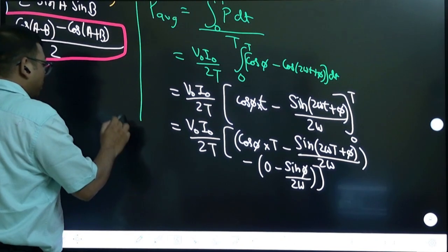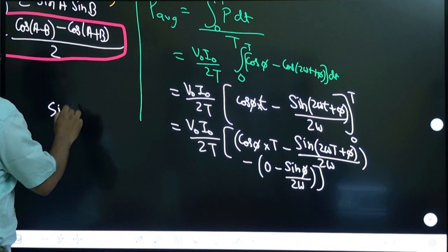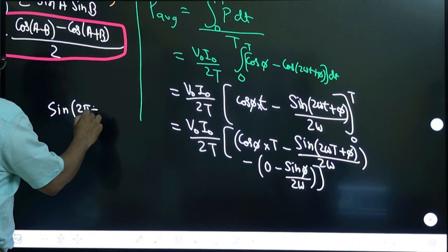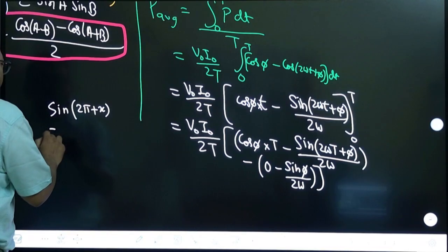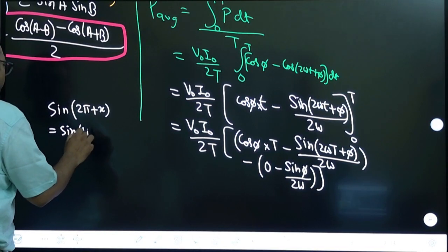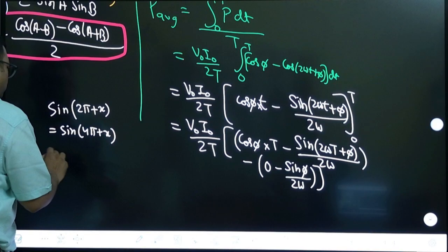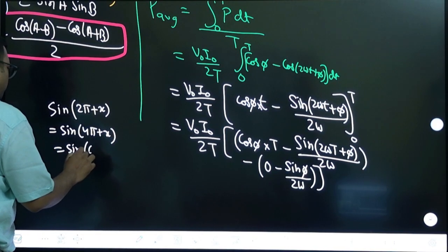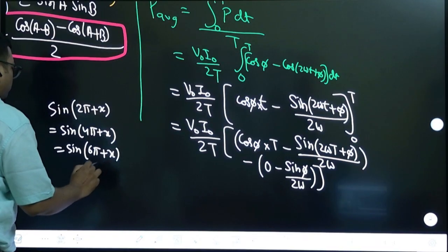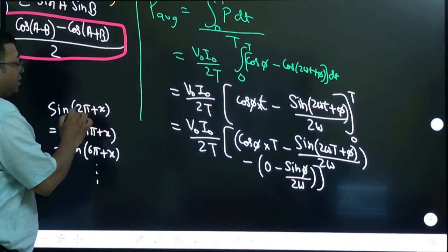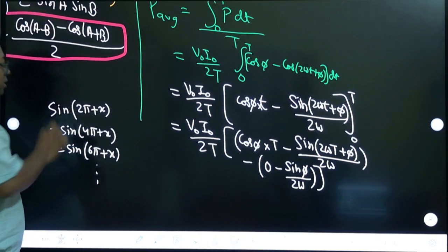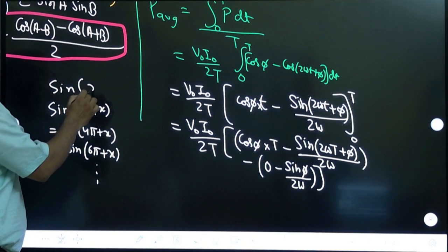Also note that sine of 2 pi plus x is same as sine of 4 pi plus x, same as sine of 6 pi plus x. This you should know. Why? Because time period T you are adding. This is same as sine x.